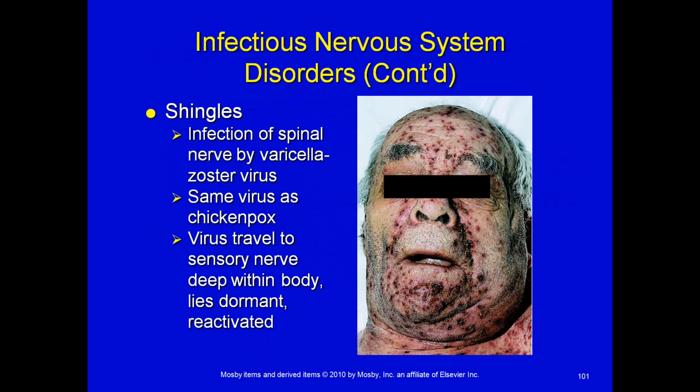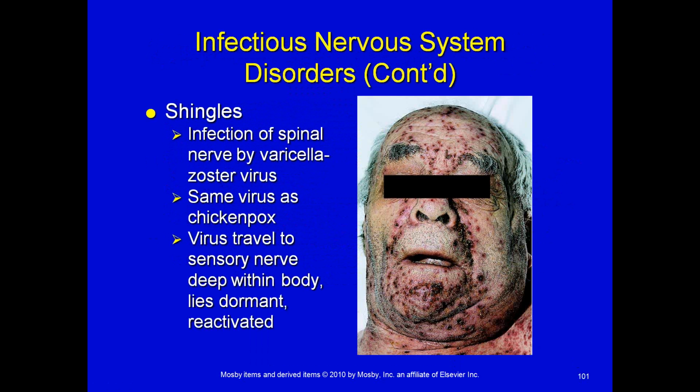It can happen in younger people, but it's more common older in life. There is a vaccination for that, but you have to be over a certain age. I think you have to be over 55 or maybe even over 60 in order to receive the shingles vaccination, which lessens your chance of getting shingles.